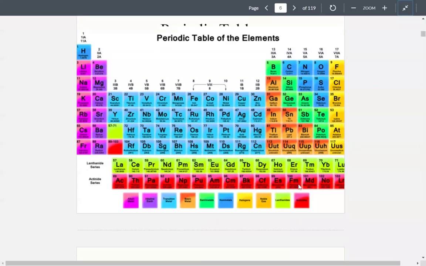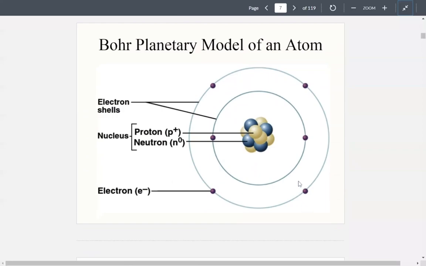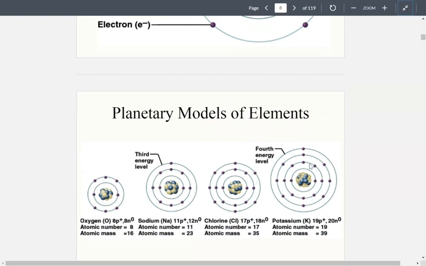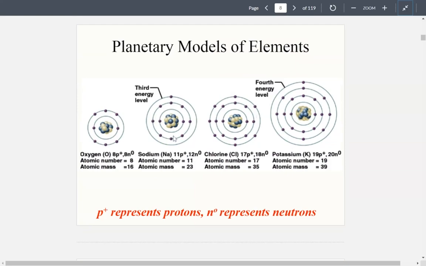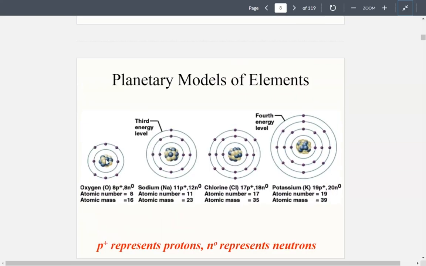Some of the more common ones. This is an example of an atom. Here we have our neutrons and protons, and here we have our electron shells, starting with the 2 in the innermost and then going out from there. Here you can see examples of those shells based on the number of electrons.